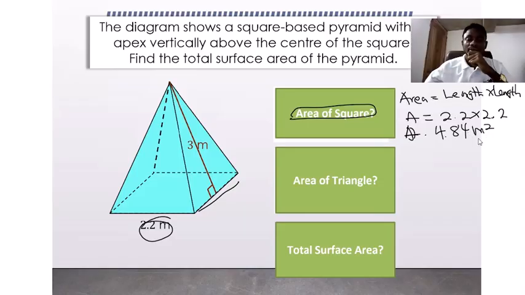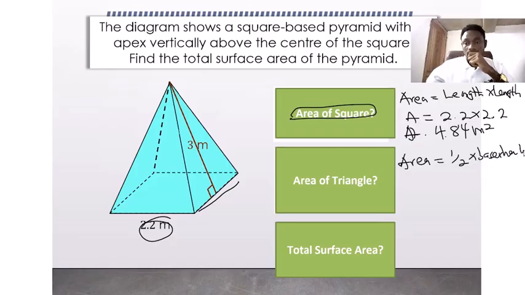Then we find the area of the triangle. The area of one of the triangles is used to get the area for the entire four triangles of the pyramid. So area of a triangle equals half times the base times the height. The base of this triangle is the same as the base for the square, so here it is also 2.2 meters.